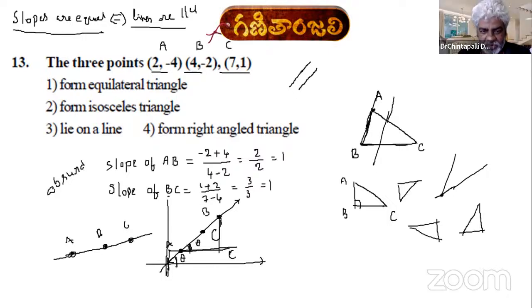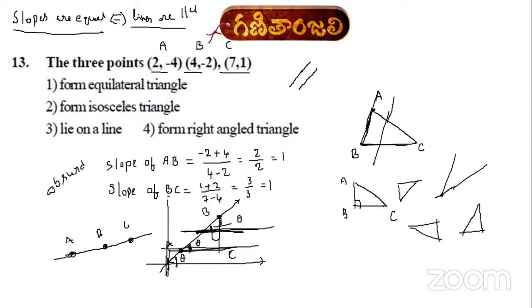And if you draw another horizontal line from another point, do you agree that this angle is also theta? Because if AC is parallel to the x-axis, then this line is also parallel to the x-axis. For parallels, corresponding angles are the same.